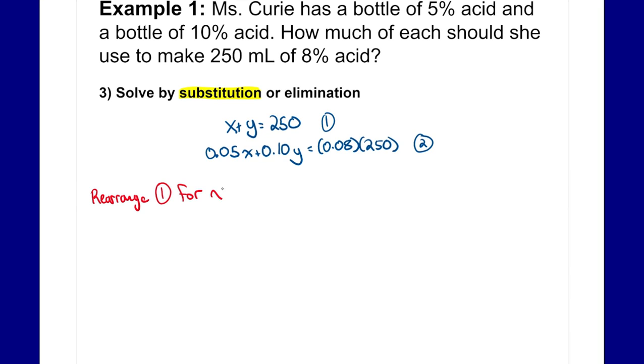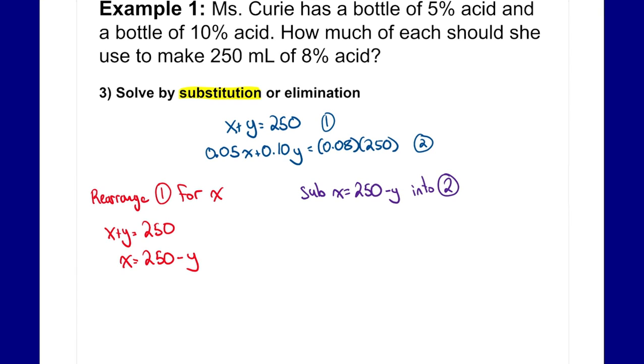So x plus y equals 250, move the y over, x is equal to 250 minus y. Good, I've rearranged. Now I can sub x equals 250 minus y into the second equation, into equation 2.